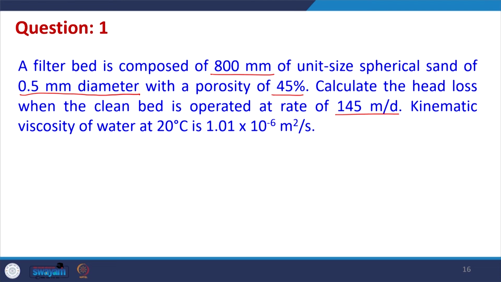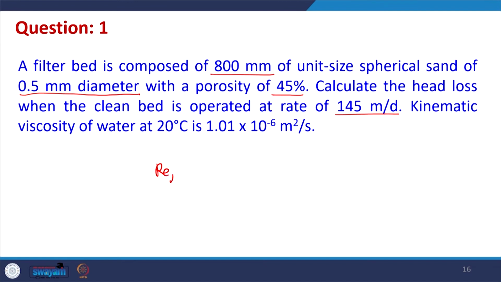Remember in the previous slides we saw that we have few equations which are known to us. One is under what zone this bed is going to be operated. So, we have to cross check, that means we should find out the Reynolds number. So, that is first. We should cross check in which range it is operating, whether it is laminar, turbulent or transition.